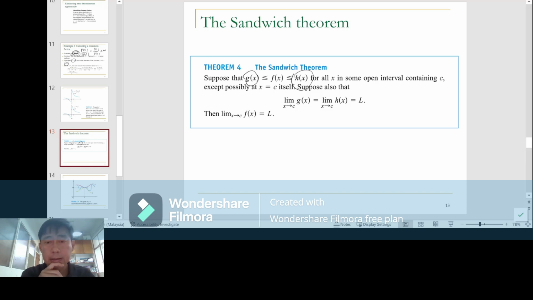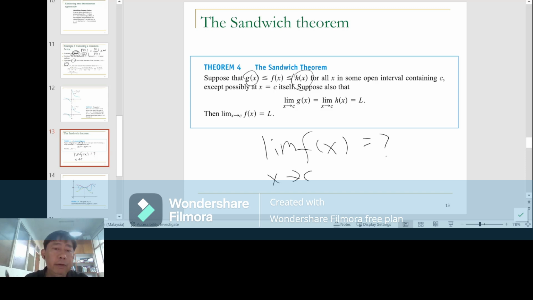So here, the sandwich theorem says if you have a function f which is not known, and you want to know the limit of this function at some point c, but you do not know what it is.